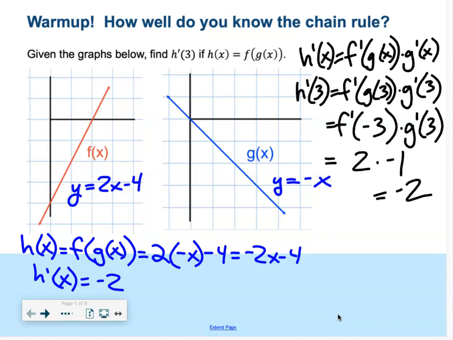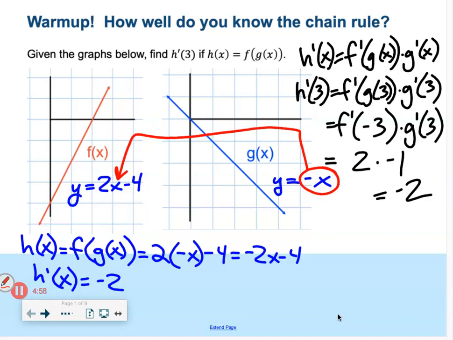You're just finding out how you got the numbers under the graph? How I got these equations? Down here? Yeah. So h of x is equal to f of g of x. f of x is 2x minus 4. g of x is negative x. So f of g of x means you take g and plug it in for the x in your f function.